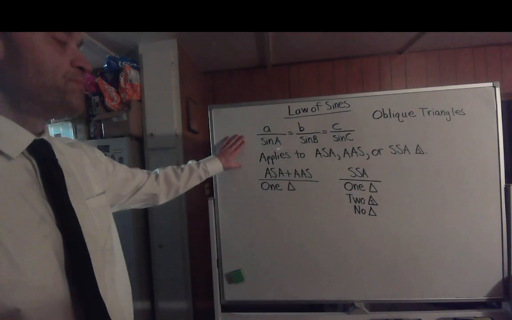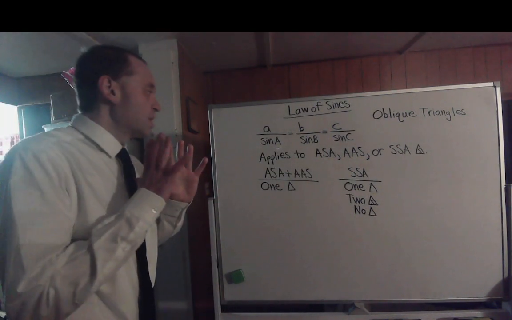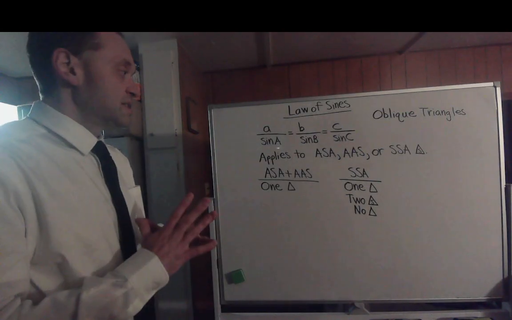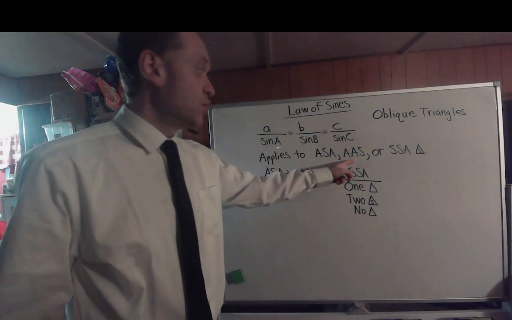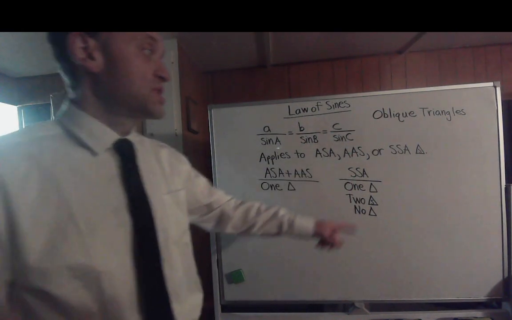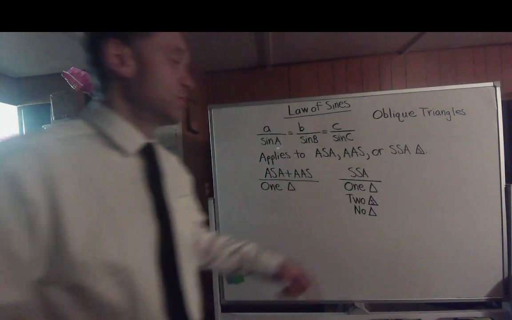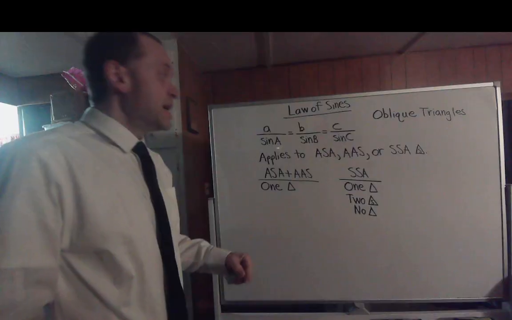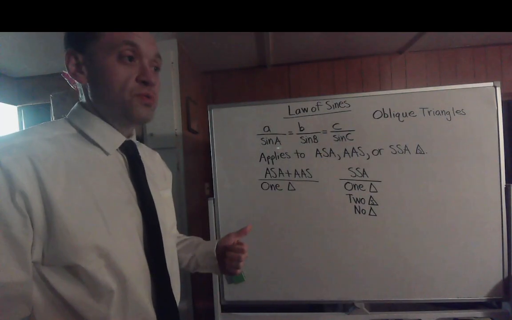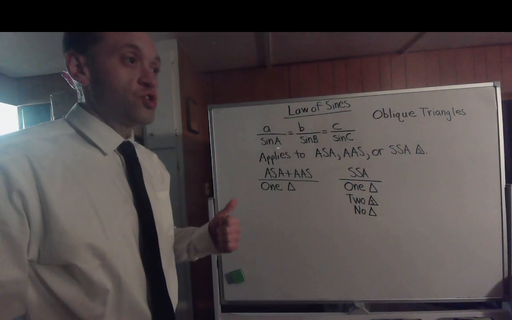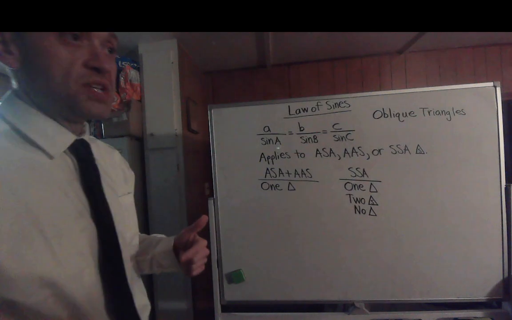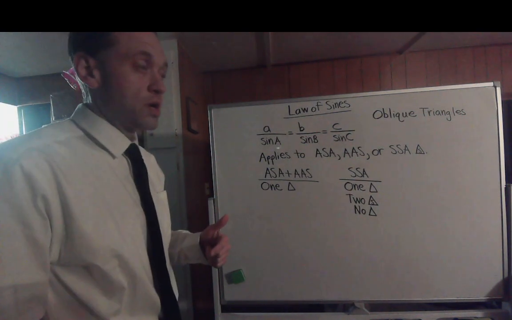Now, the law of sines applies to angle-side-angle triangles, angle-angle-side triangles, or side-side-angle triangles. If you wanted to try to use this to solve a side-side-side triangle or a side-angle-side triangle, it would not work.